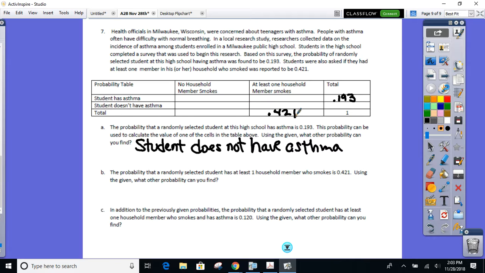Given that one, what other probability could you find on the table? No household member smokes, yep. Again, it's not asking you to find it.